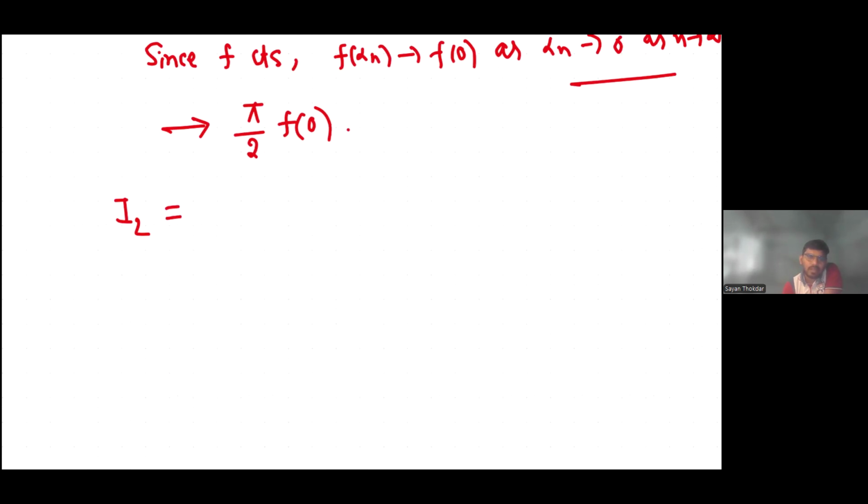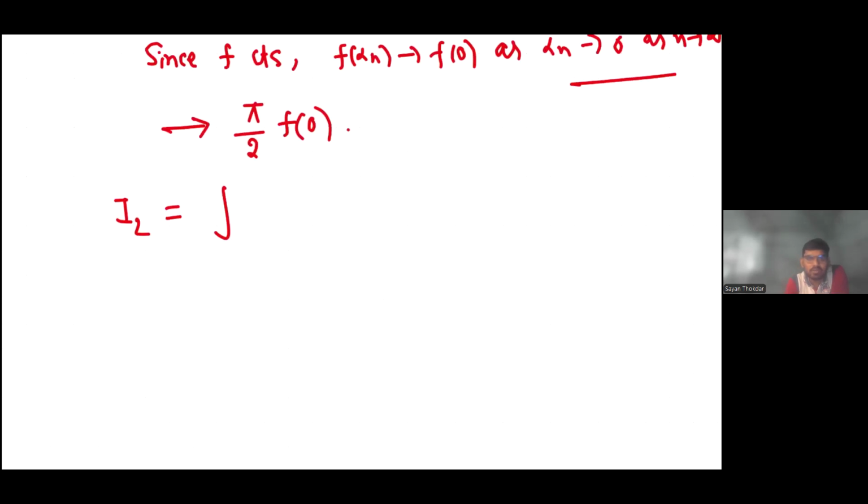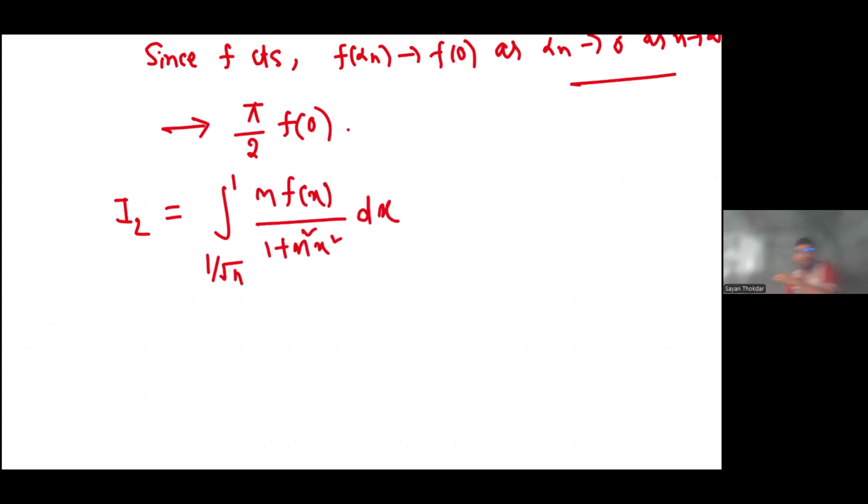That integral is the integral from square root of 1 by n to 1 of n f of x upon 1 plus n square x square dx. Okay. We'll solve this problem again thoroughly.